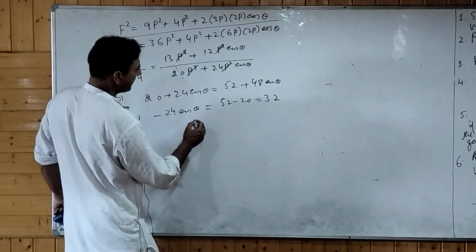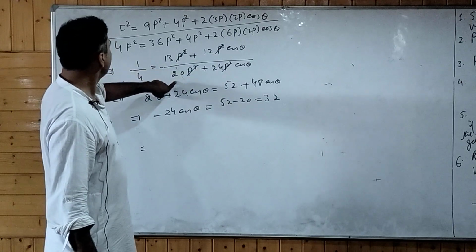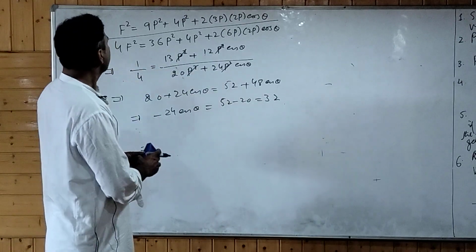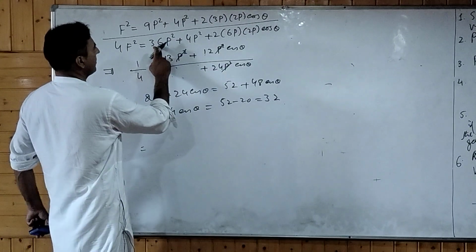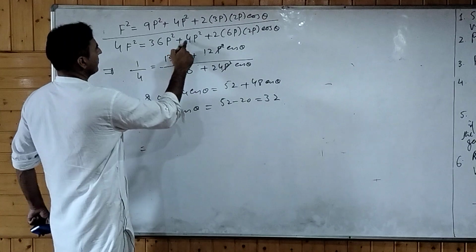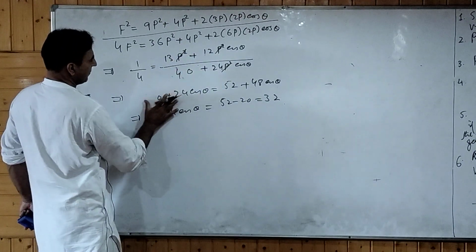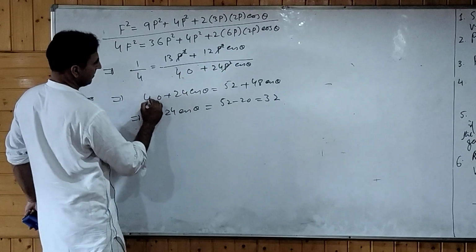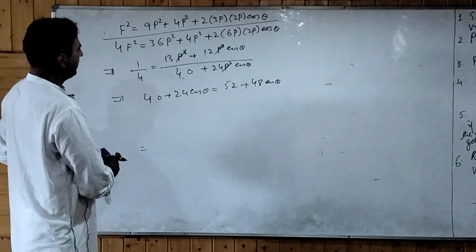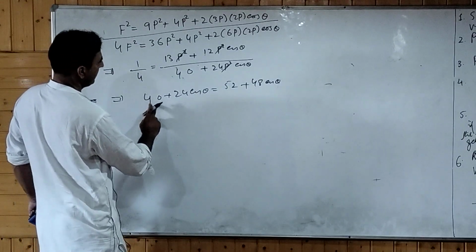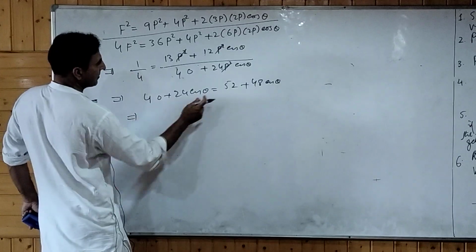So what about theta? Here I committed a mistake, sorry. It is 40 plus 24, and 52, 48.